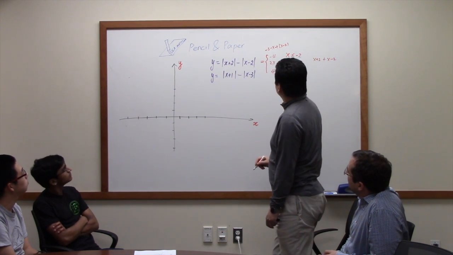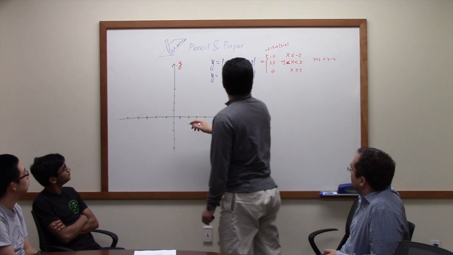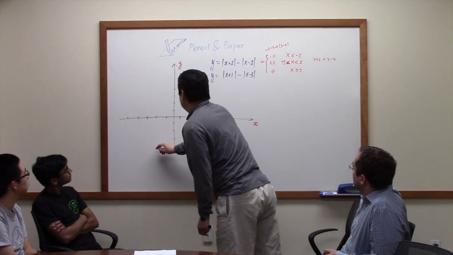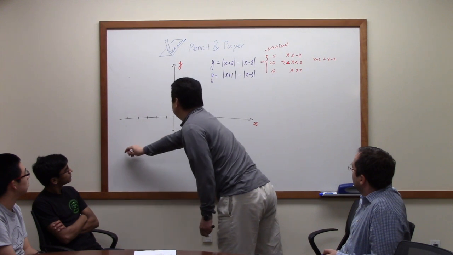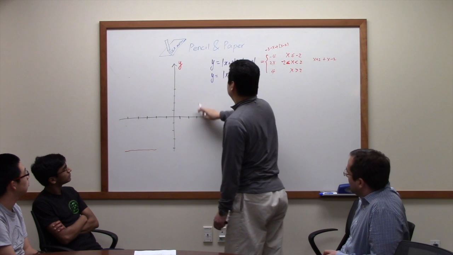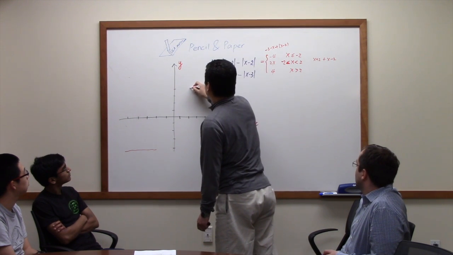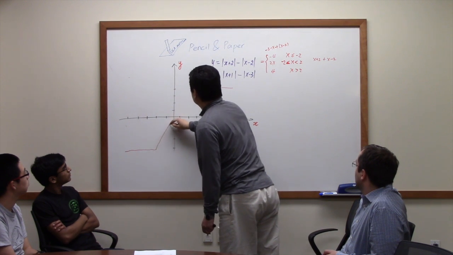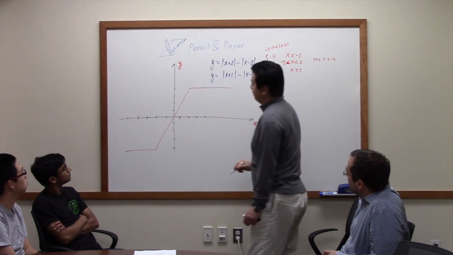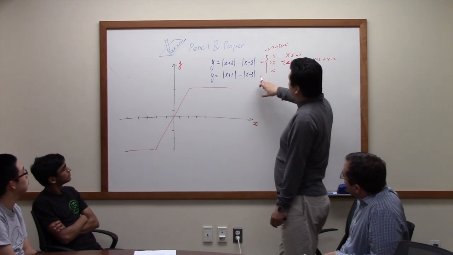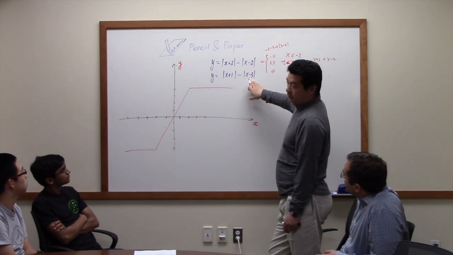So if we graph this, if x is less than -2, it's a horizontal line at 4. And then more than 2, it's here. And in between, you have this.